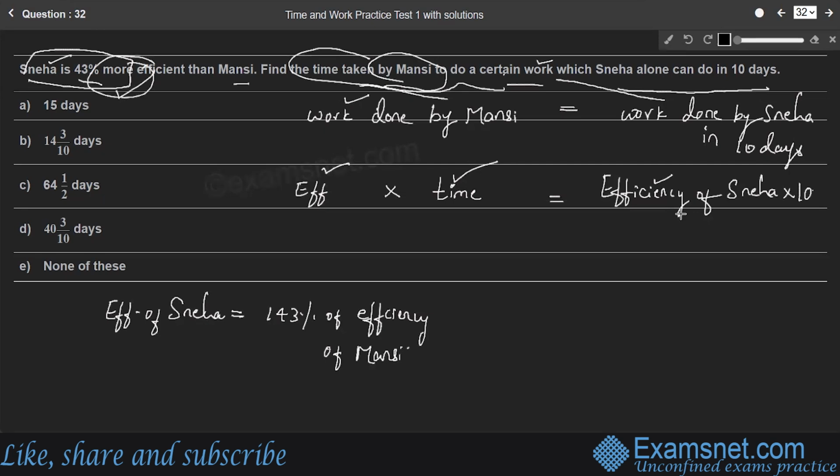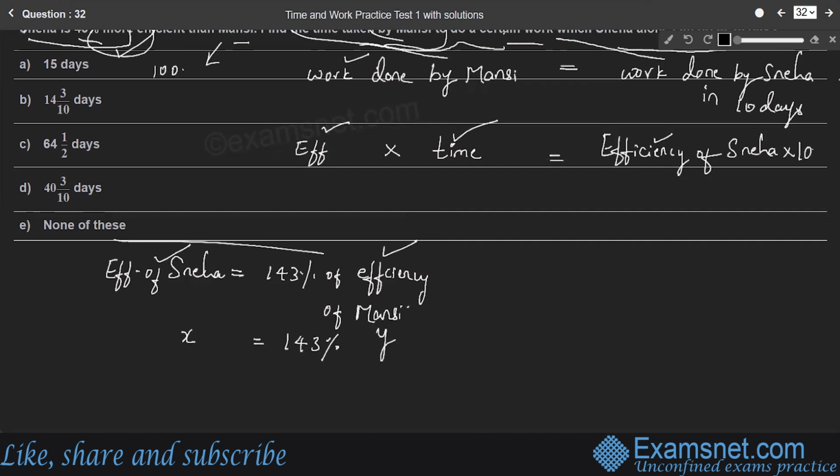So if 100 is the efficiency of Mansi, Sneha's efficiency becomes 143. Therefore, the efficiency of Sneha is 143% of the efficiency of Mansi. So we consider X as the efficiency of Sneha, which is equal to 143% of Y, the efficiency of Mansi.